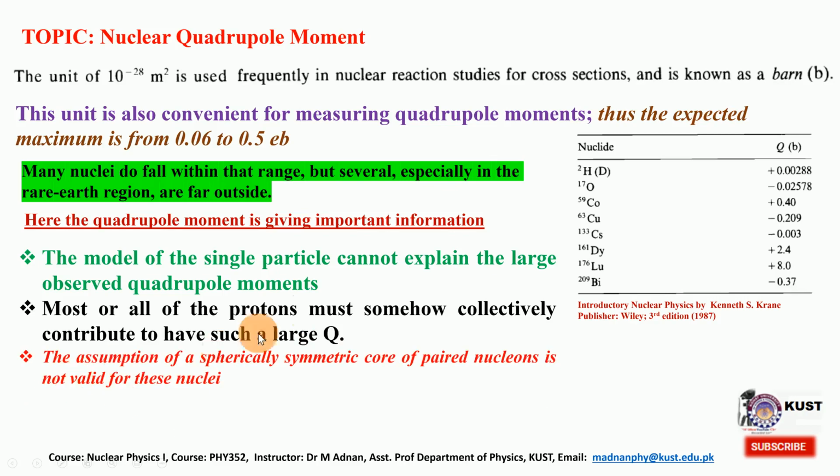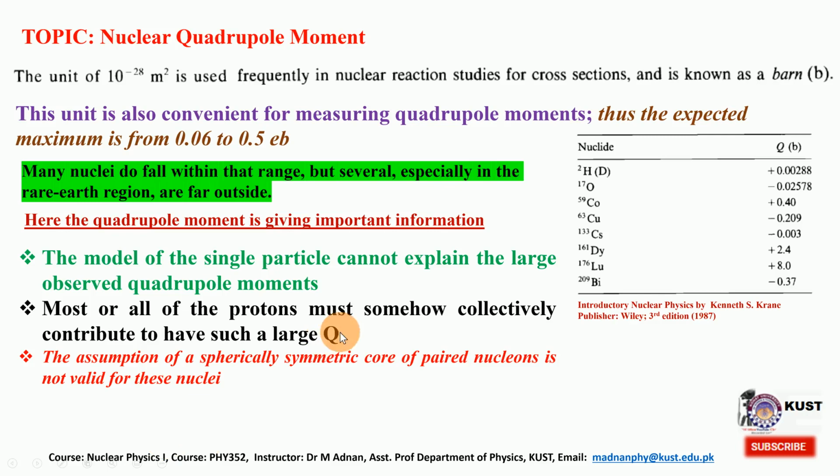Now, based on this observation, the assumption of a spherically symmetric core of paired nucleons, that is, the paired nucleons which lie at the core, is not valid for these nuclei. As I have told you, the statement that only valence nucleons contribute to the quadrupole moment contradicts these large quadrupole moments, so that somehow a collective contribution gives rise to them.